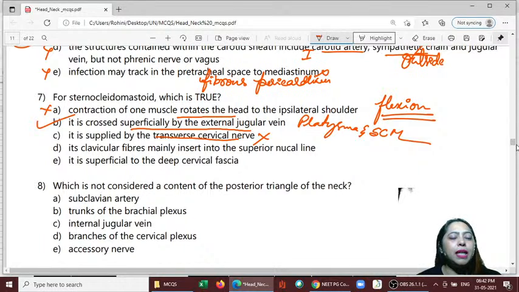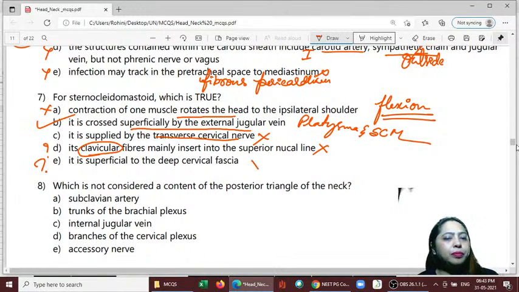No. Its clavicular fibers mainly insert into superior nuchal line. Oh no. Clavicular fibers. What is this? Next, it is superficial to deep cervical fascia. The statement is wrong. So the answer is 7B.